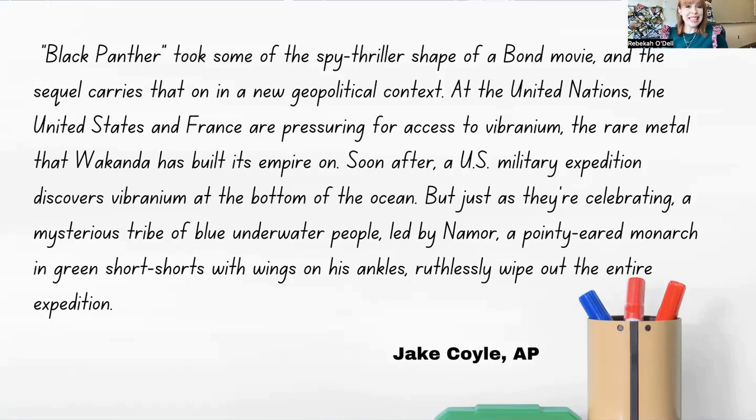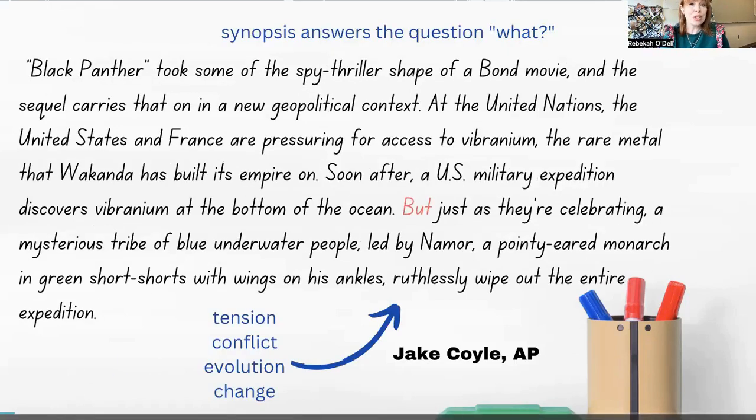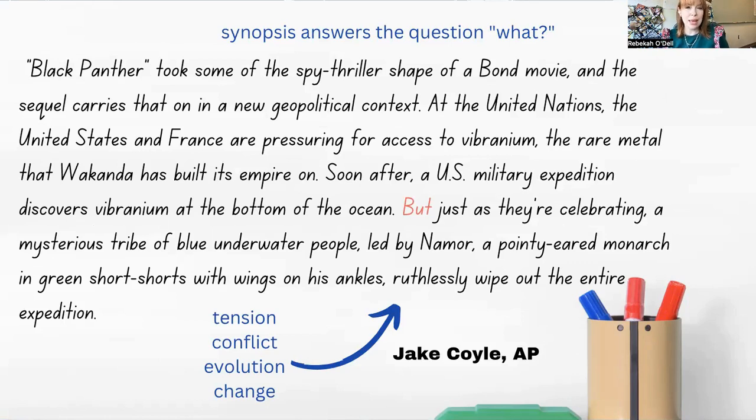So you can see that this is still a pretty big general overview. It's still a synopsis. This one is 4 sentences, but we will allow it. It still answers the question, what? What is this about? What is the deal with the sequel, Wakanda Forever? But you'll see it adds that transition word, that pivot word, but, right?